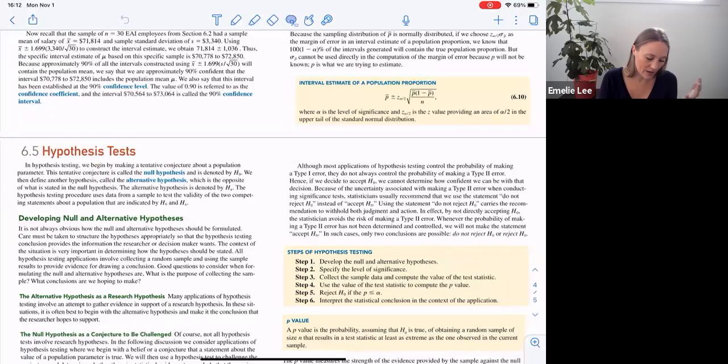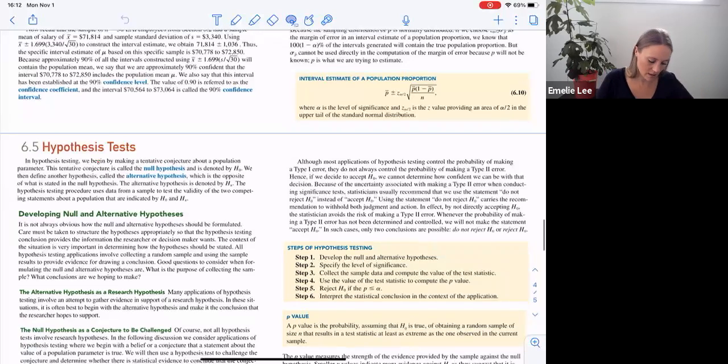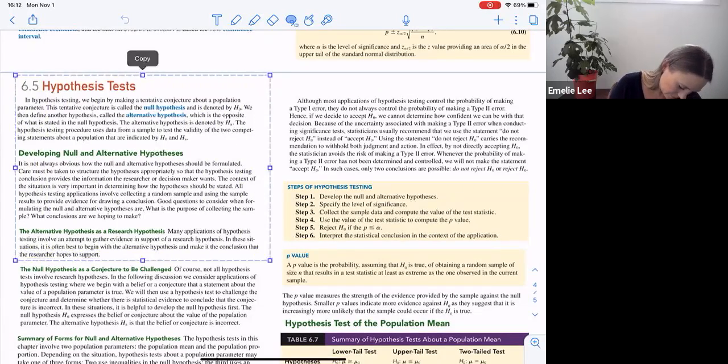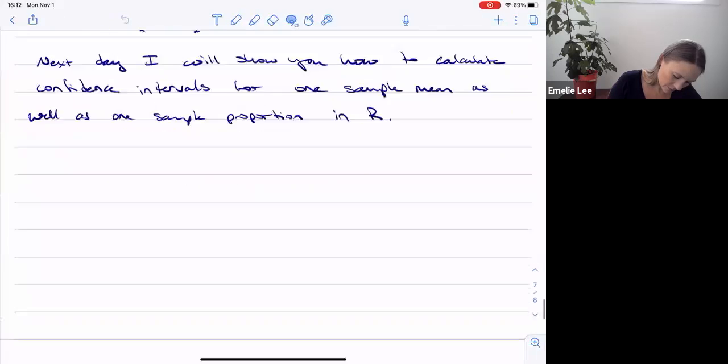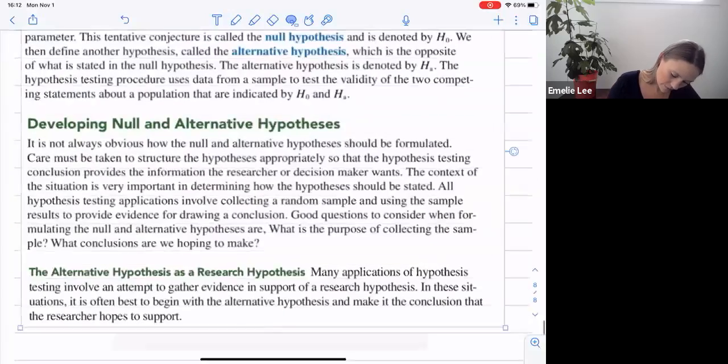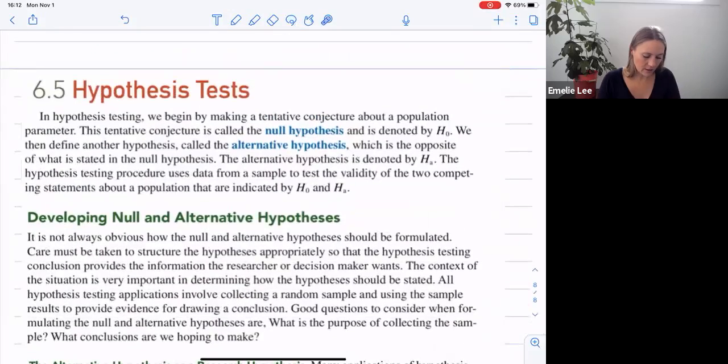It's going to be if we have some theory that we want to test. If we have some theory that we want to test, we would use hypothesis testing, which means that we're going to have a null hypothesis and an alternative hypothesis, right?